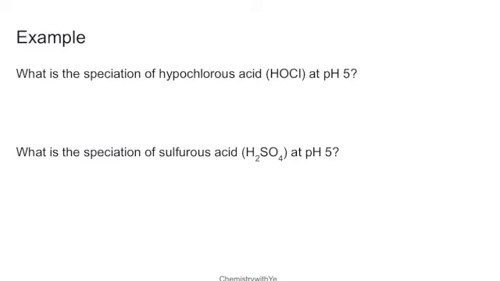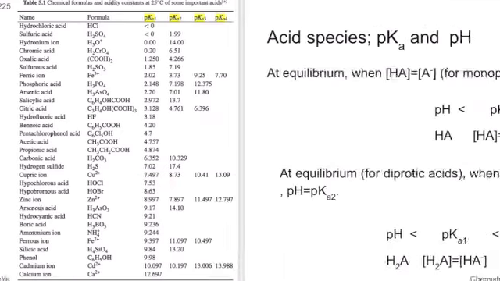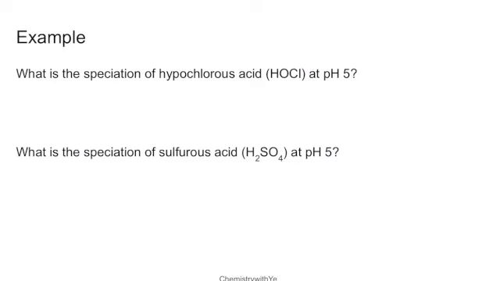So we must consider the pKa of hypochlorous acid, which is here. It's a monoprotic acid, so we'll have one pKa value of 7.53. So the pKa is greater than the pH.